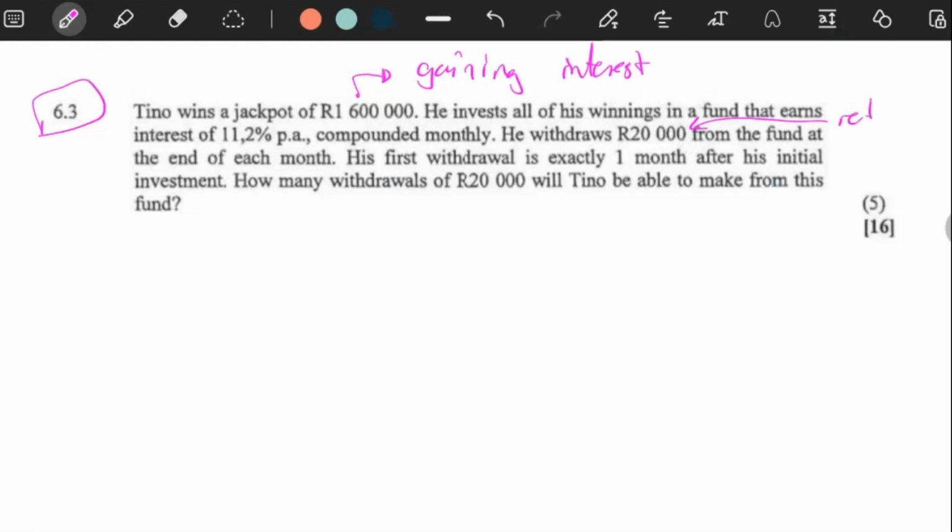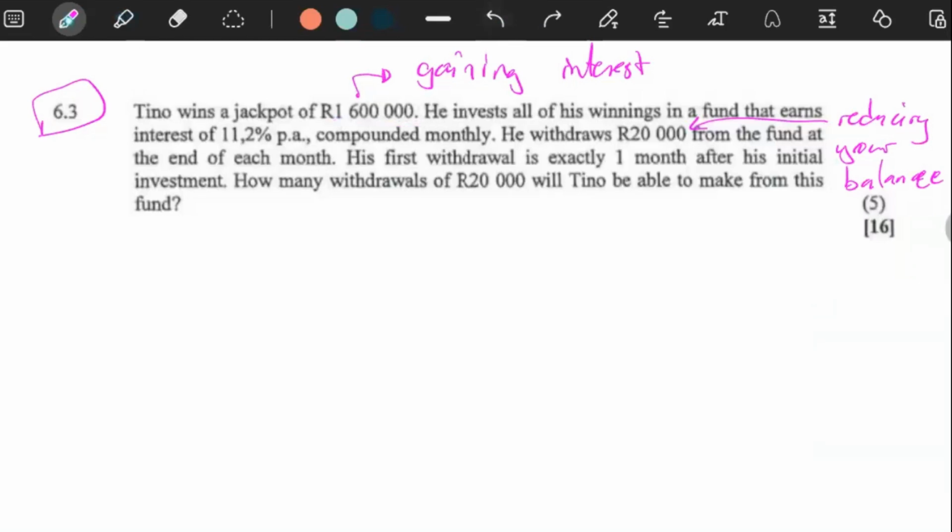So here you are reducing your balance. Whatever balance you have in your account, as the money is gaining interest, you are making that balance go lower and lower and lower every month, even though this money is gaining interest.